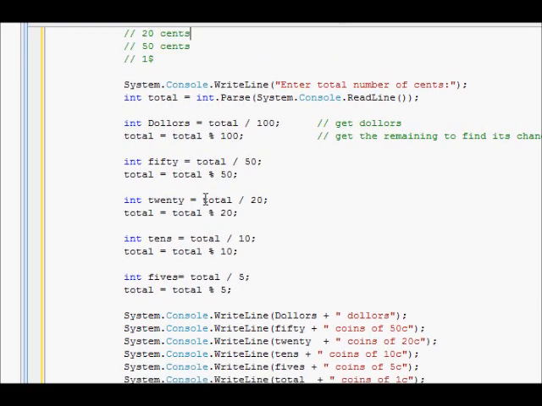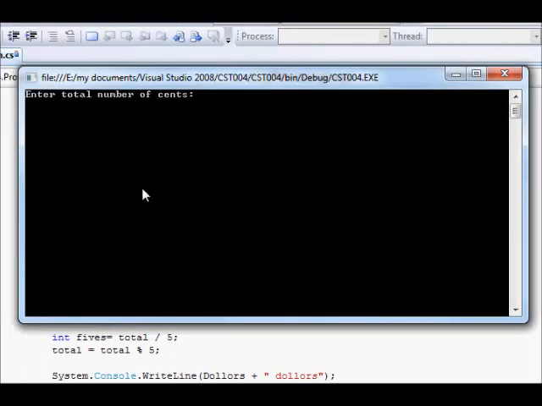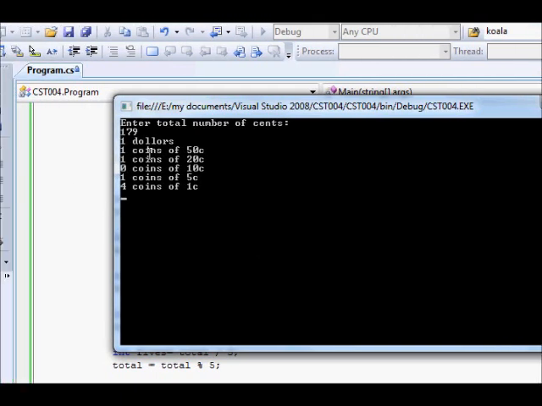So let's test this out and see how it works. That's very easy. So let's say we will have 179 cents. Okay, and this converts to $1, one coin of 50 cents, one coin of 20 cents, one coin of 5 cents, and 4 coins of 1 cent.